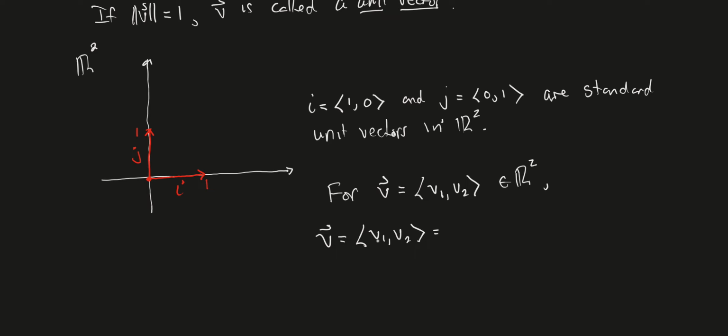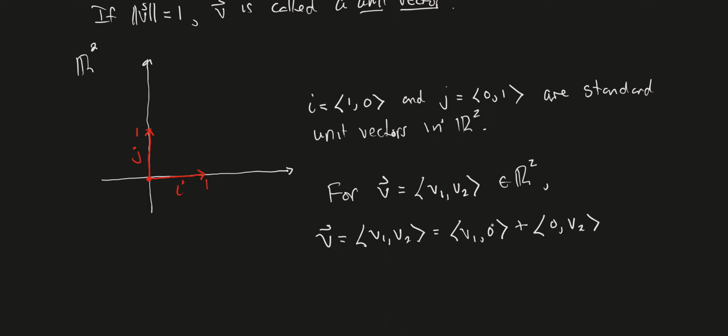The components represent the change in each of the different directions. So this tells me that there is a V1 change in the x direction and then a V2 change in the y direction. In other words, I can write this single vector as the sum of two simpler vectors by saying V1 comma 0 is one vector and then plus 0 comma V2. So it's almost like I can decompose this single vector into the sum of these two vectors.